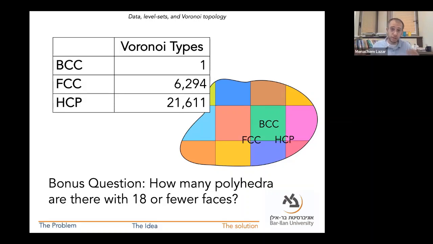It's not true with all crystal systems. Diamond has more. I can't see everything on the bottom of the chat, but it turns out that there are hundreds of millions or billions. So 20,000 is a drop in a huge bucket. So there are plenty of other polyhedra that are not associated with HCP, for example.